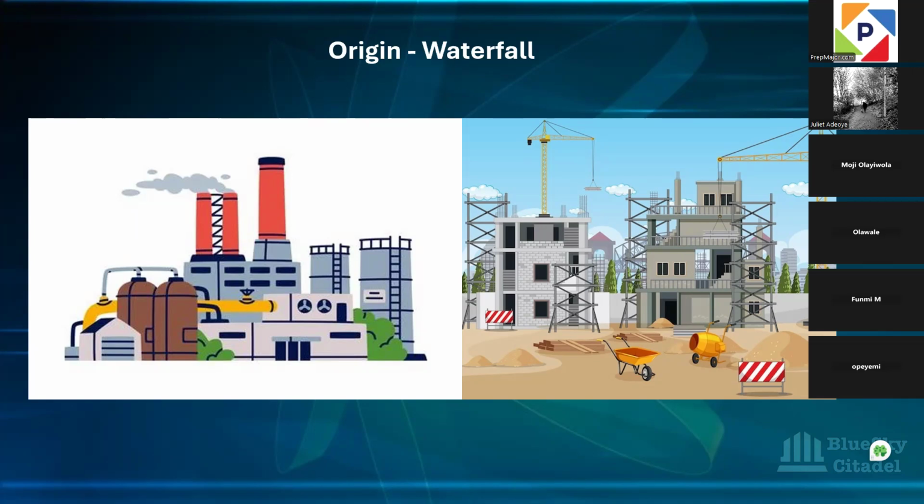An example is when you're building, you can't build the roof before you lay the foundation. The foundation comes first, and until that is completed, you don't go to the next process. You don't go to the ground floor, sorting out the structures of the ground floor and everything. The roof doesn't come in until you've gotten to the level you want, you've done the lintel or whatever comes before the roof.